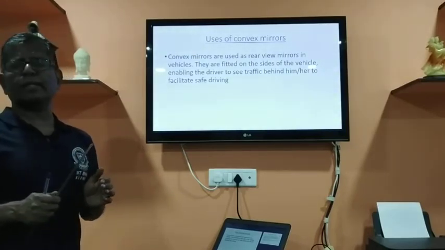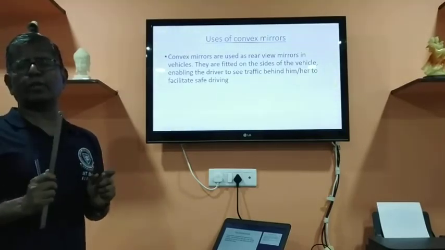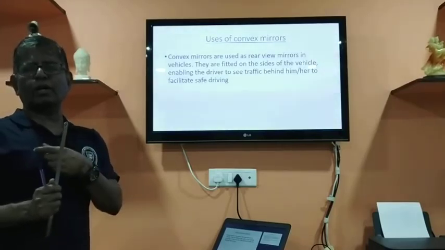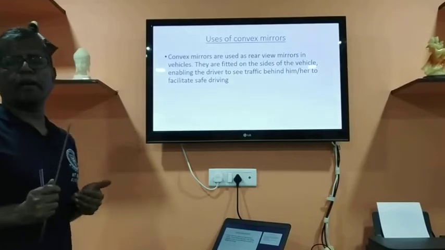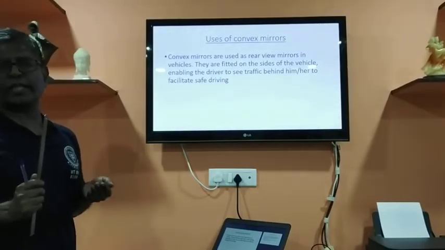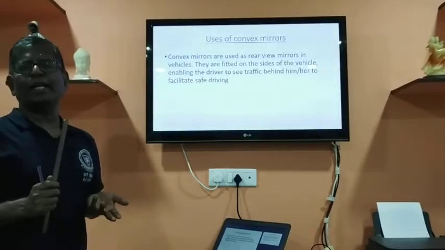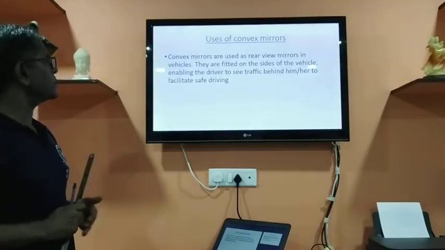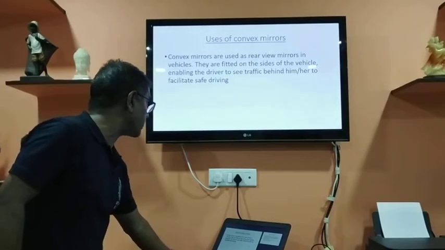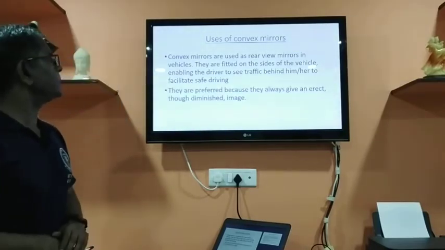Because the image is erect, the driver of the vehicle should know which vehicle is coming and what is the approximate distance. If the image is inverted, he will get confused. So the rear view mirror is always a convex mirror. This is used for safe driving.